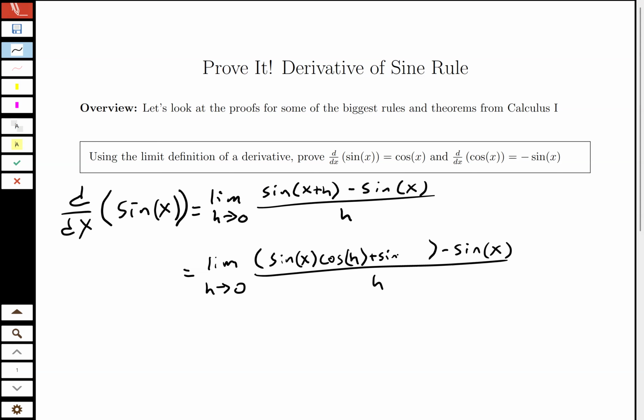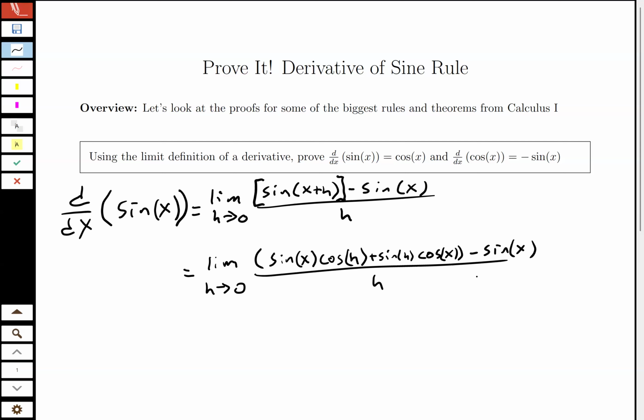So I'm going to have sine of h and cosine of x. I'm going to give myself a little more space there. So I've got that crisscross going on. Sine of x, cosine of h, sine of h, cosine of x. That's the addition rule for sine. That's rewriting that first chunk of that derivative formula.